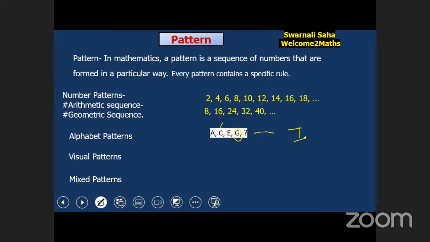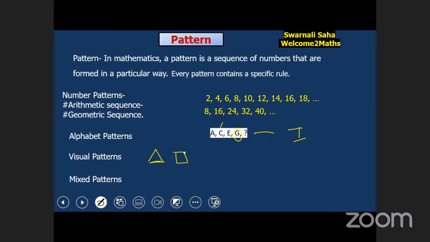Okay. And visual pattern means, let me show you. Let's take a triangle. If we have a triangle and then we have a square, then what would be the next shape? How can you write this? Can you tell me?